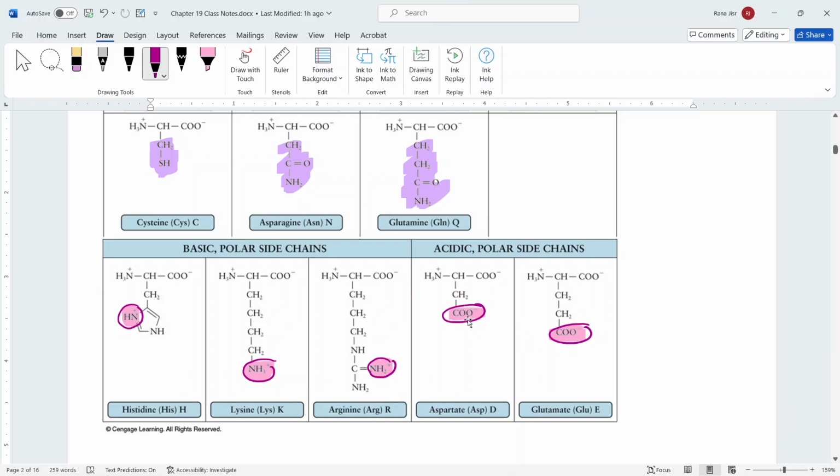So all you need to know is that amino acids that are acidic should have an R chain that ends with a negative charge, and amino acids that are basic should have an R chain connected to the alpha carbon that has a positive charge.